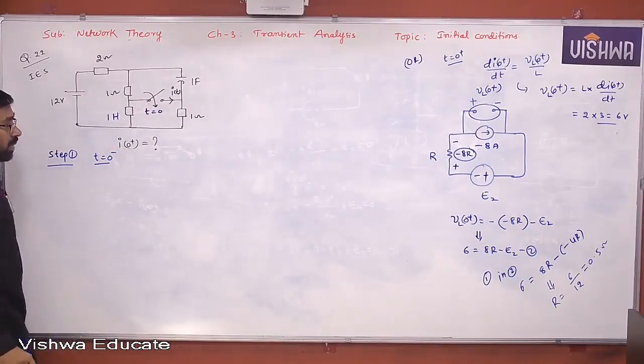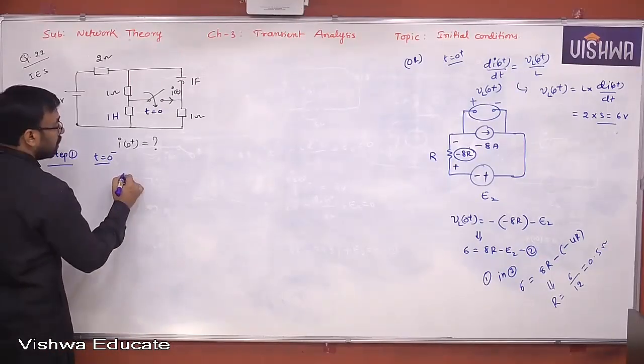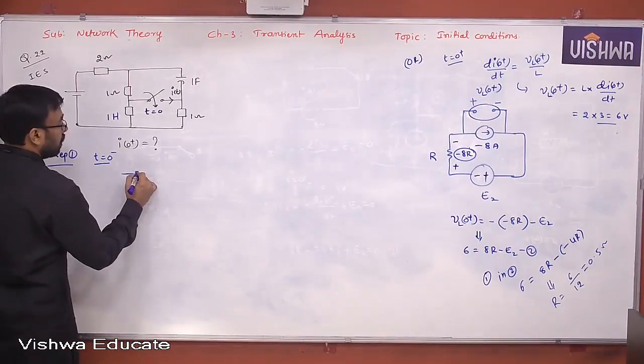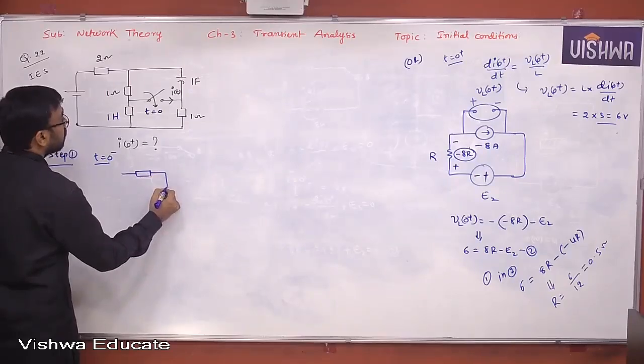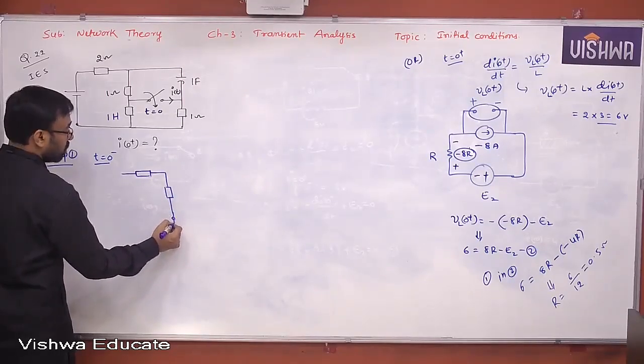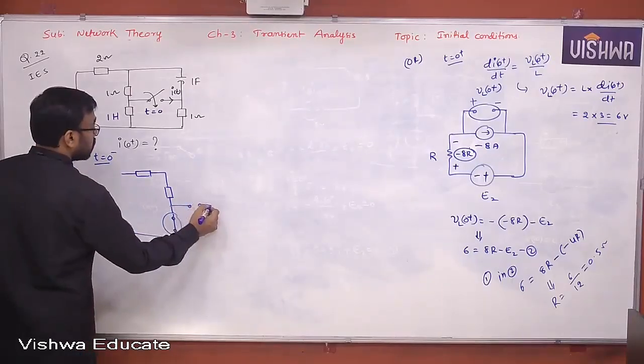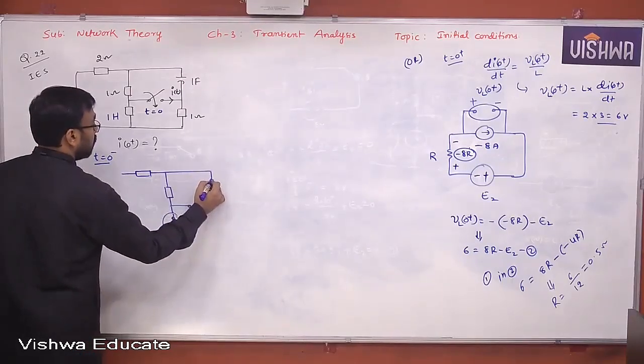It's very clear. Now t equal to 0 minus, the resistor remains resistor. Resistor again remains resistor. Inductor is acting like a short circuit. This is open. This is also open.